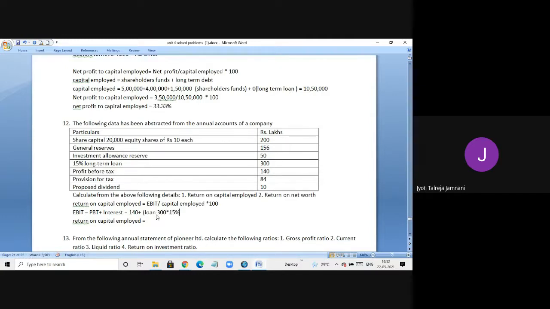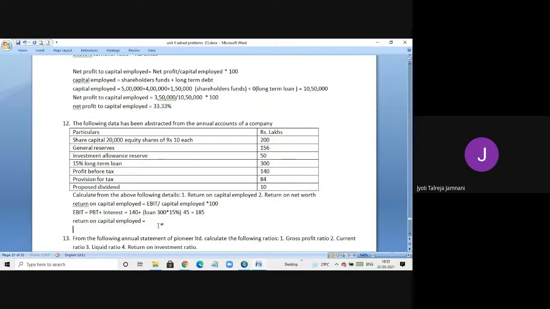If I calculate, I'll get the value of interest. So 15% of 300, see how much you get. 10% is 30. 45, is it? Yes, ma'am. So 140 plus 45, your EBIT will be 185.